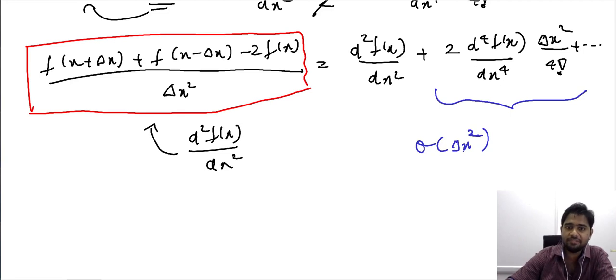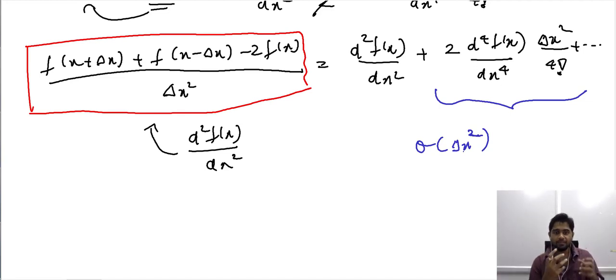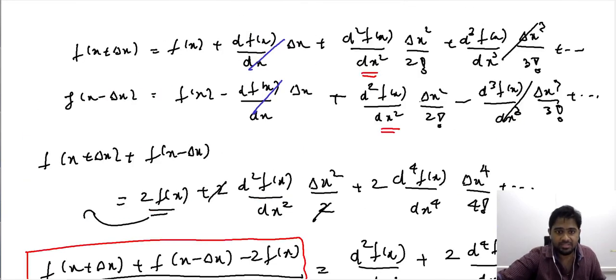So in addition to having an approximation for the first derivative, we now also have an approximation for the second derivative. Starting from this Taylor series expansion of f of x plus delta x and x minus delta x, we will also be able to estimate the third derivative, the fourth derivative, and so on.